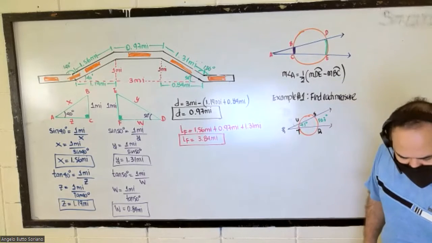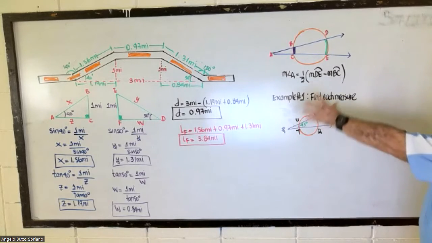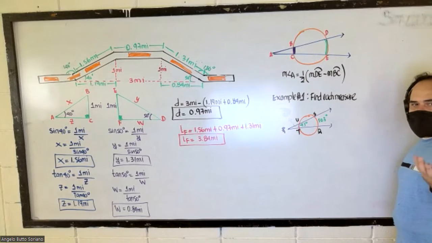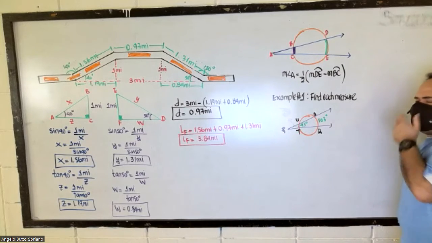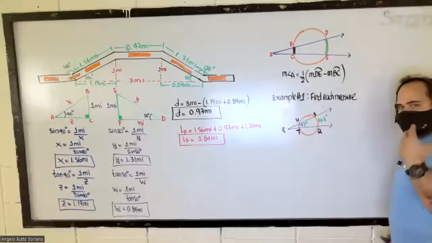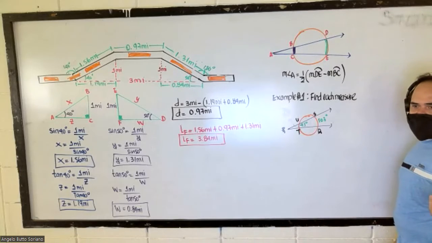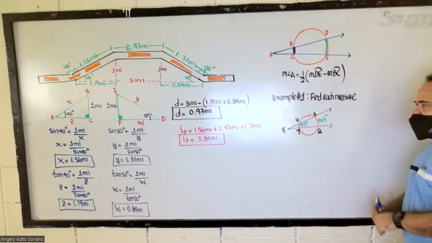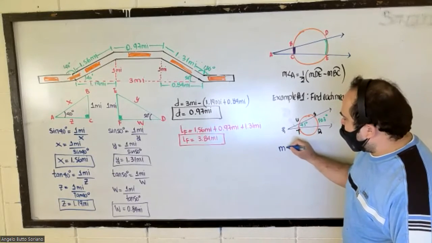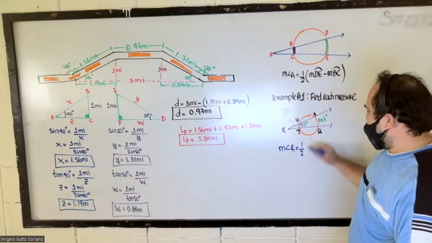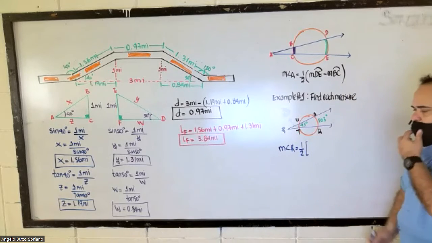Okay, simple. What we have to do, we must apply the formula. Remember, just for reminding, the formula is subtract the bigger arc minus the smaller arc, and the result divided by 2, or 1/2 the major arc minus the minor arc, and that's it. So the measure of our angle will be 1/2 brackets, or parentheses as you wish.